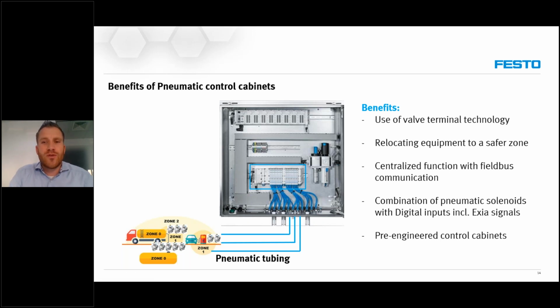The combination of pneumatics as well as digital inputs, for example also the intrinsically safe signals, is possible in our valve terminal technology. So also in this picture, you can see that in the blue box, centralized in the cabinet, we have all the pneumatic functions, which is with the bus communication connected with the top part where we can handle all the digital inputs.